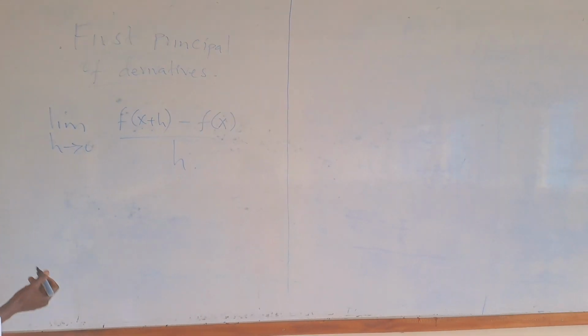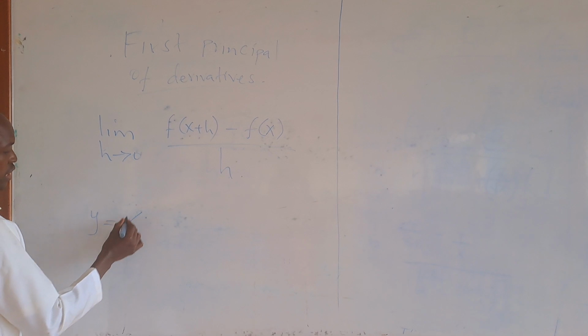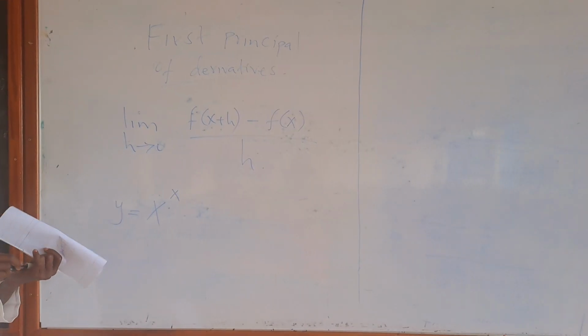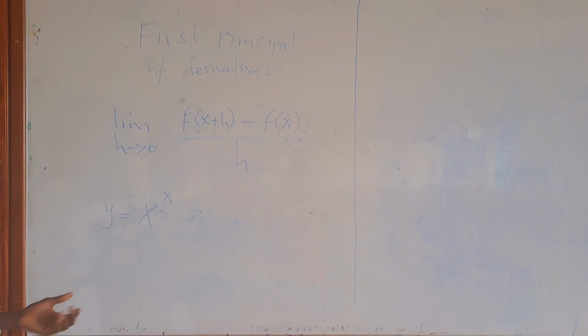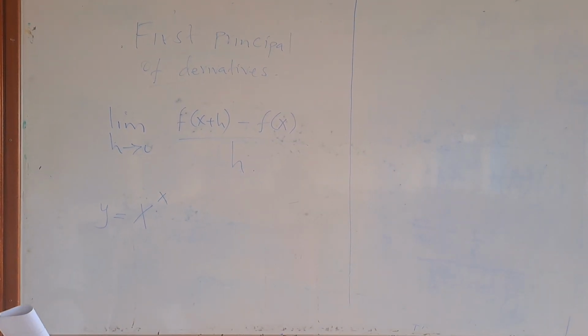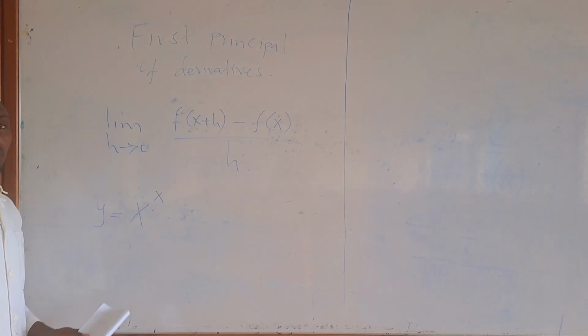Suppose we are asked to find the derivative of y is equal to x raised to power x. Now, in deriving this, it becomes much tiresome for us to derive this using the power.